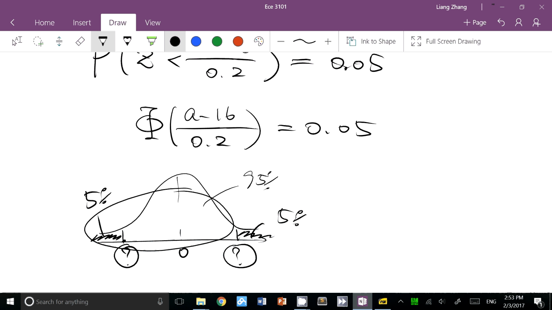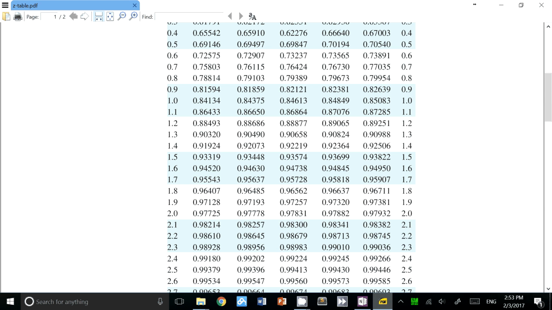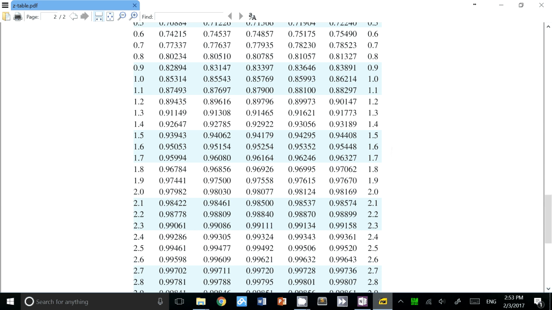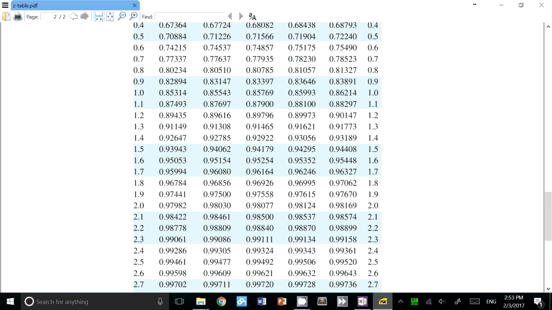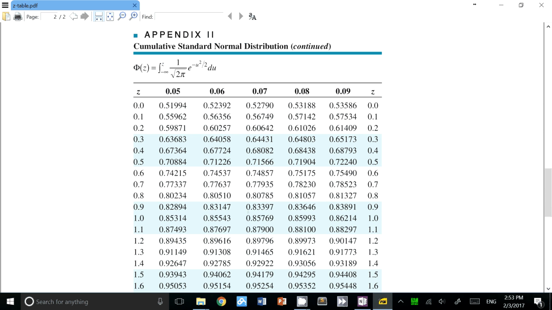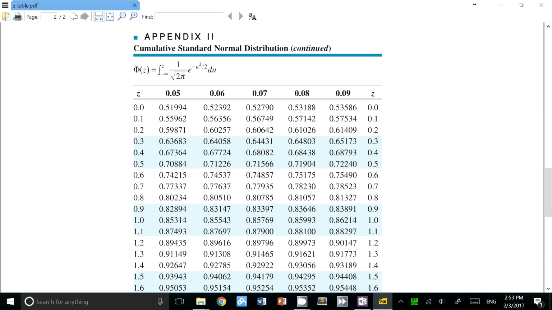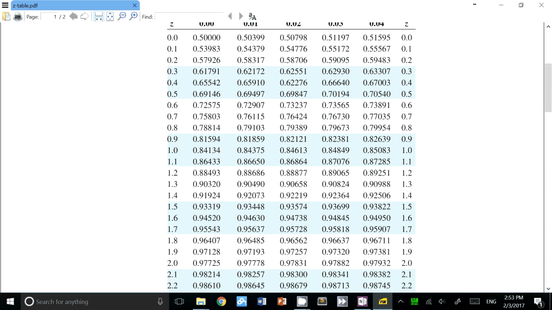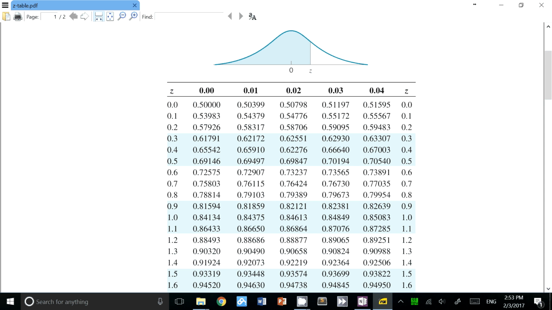Now, let's look at the table. Let's find 0.95. Well, it's going to be 1.65 or 1.64.